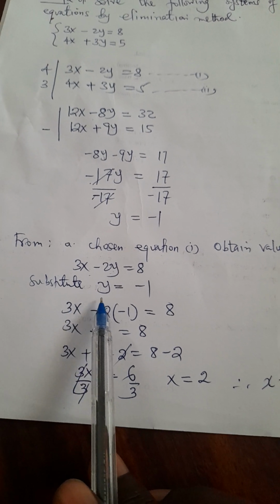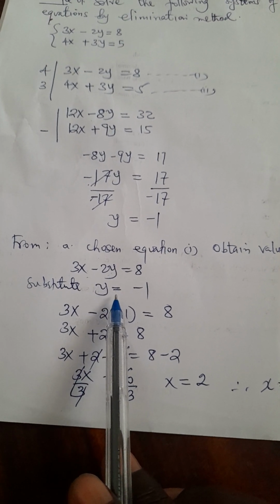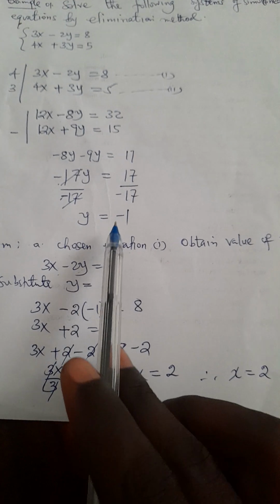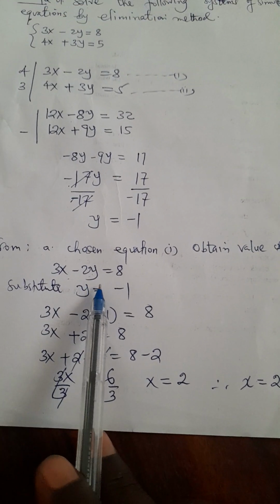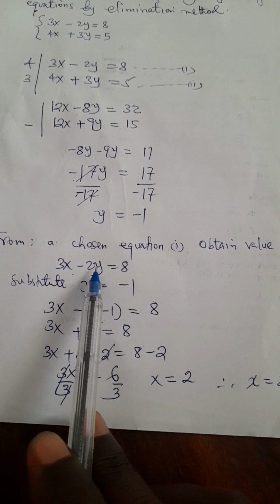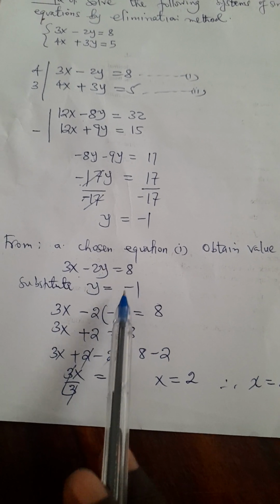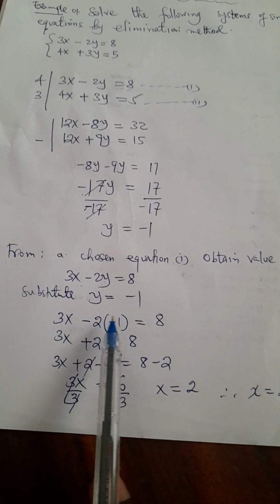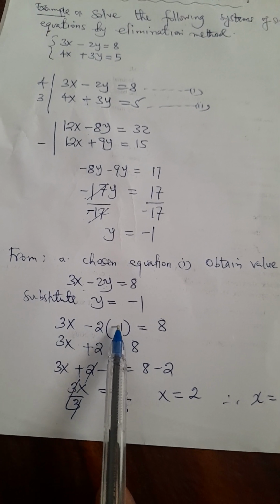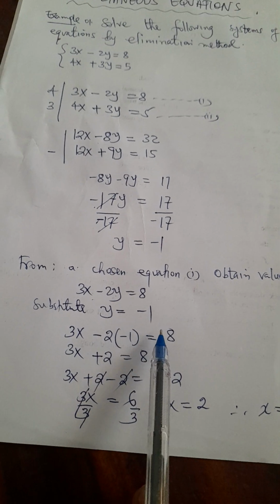Substituting the value you already got, y is equal to minus 1, in place of y put minus 1. So 3x minus 2 bracket minus 1 is equal to 8.